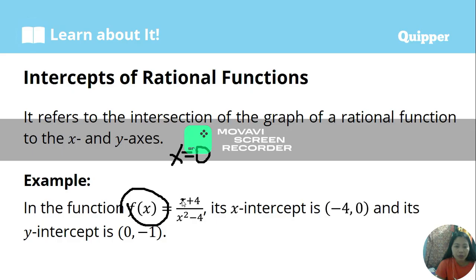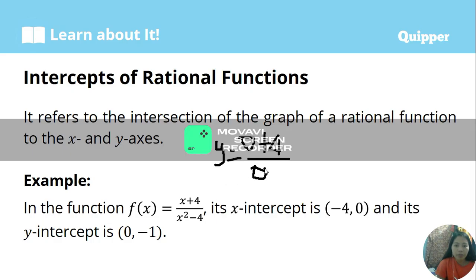So we will substitute 0 here. Remember f of x is also y. So y equals x plus 4 over x squared minus 4 becomes 0 plus 4 over 0 squared minus 4.